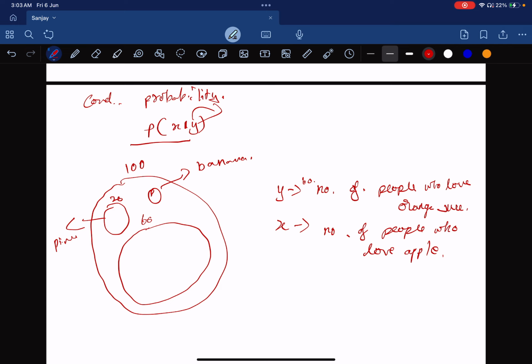So as per the conditional probability, there are 60 people who love orange juice, but we need to find the number of people who love apple juice among those 60 people.